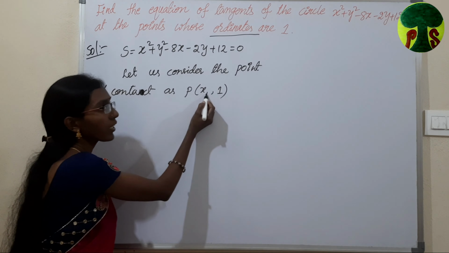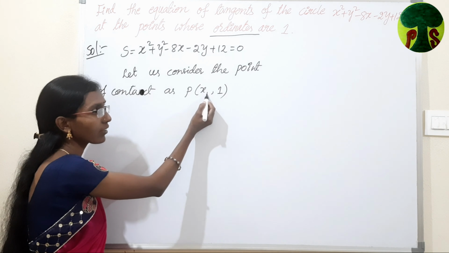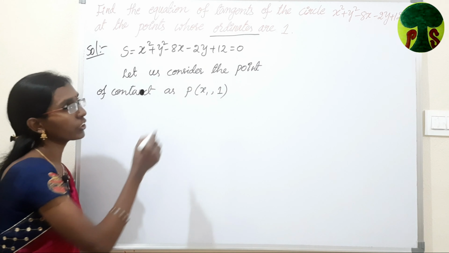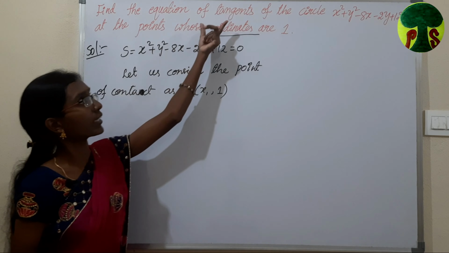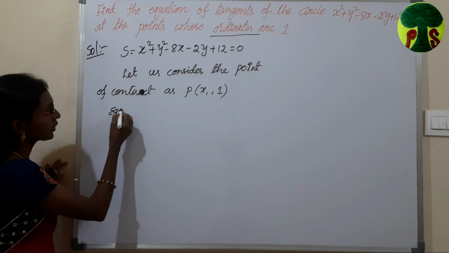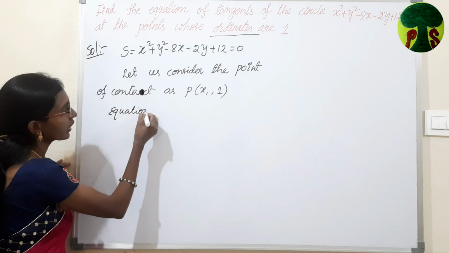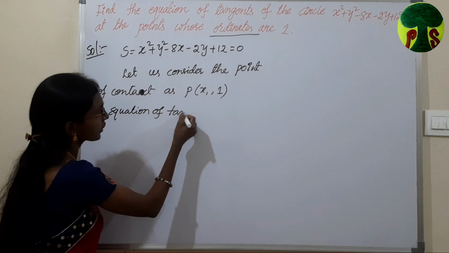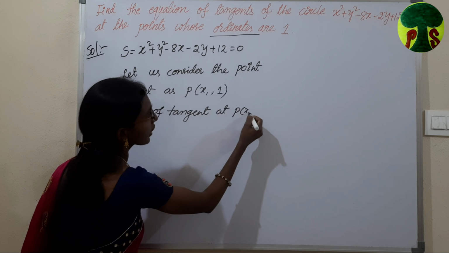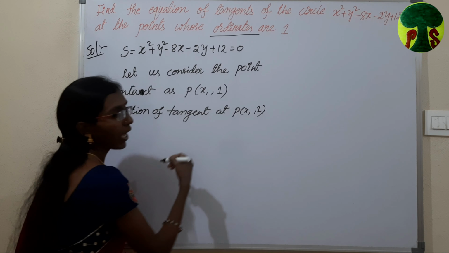We don't know the x coordinate, that is the abscissa, so let us consider the abscissa as x1. According to the question, we have to find the tangents. So, the equation of tangent at P(x1, 1) we have to find.